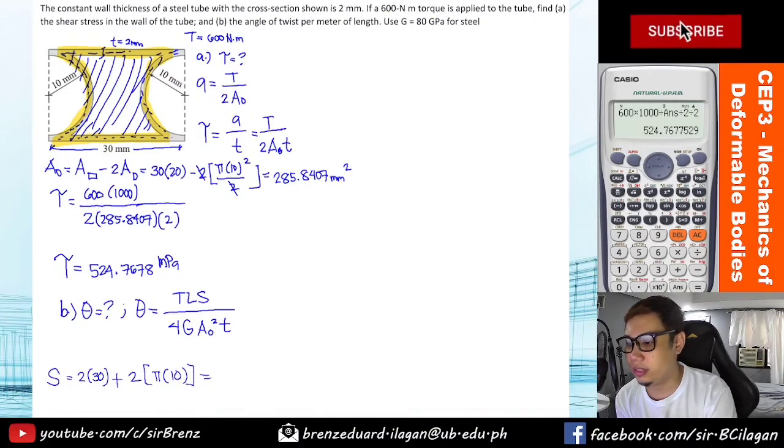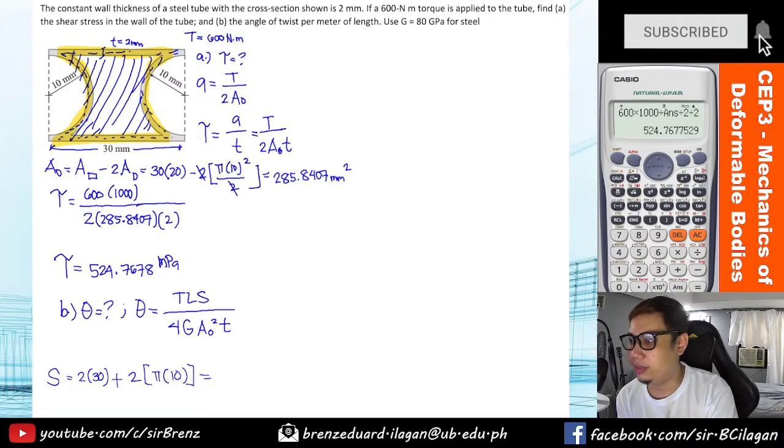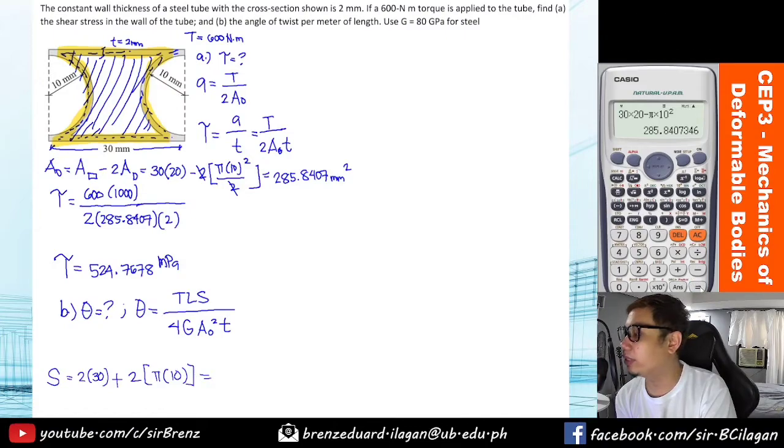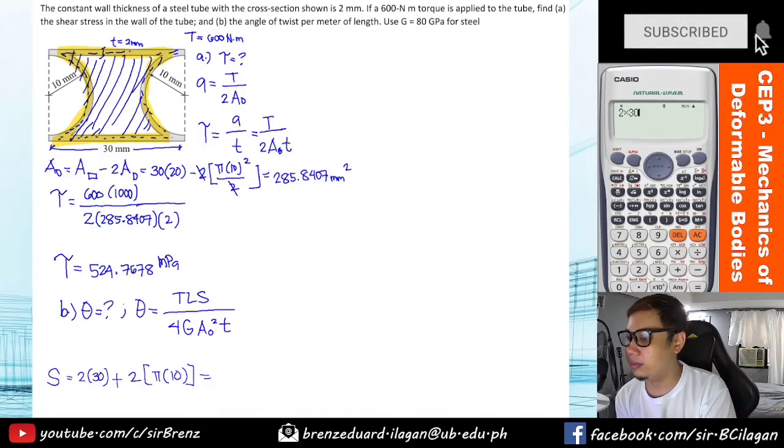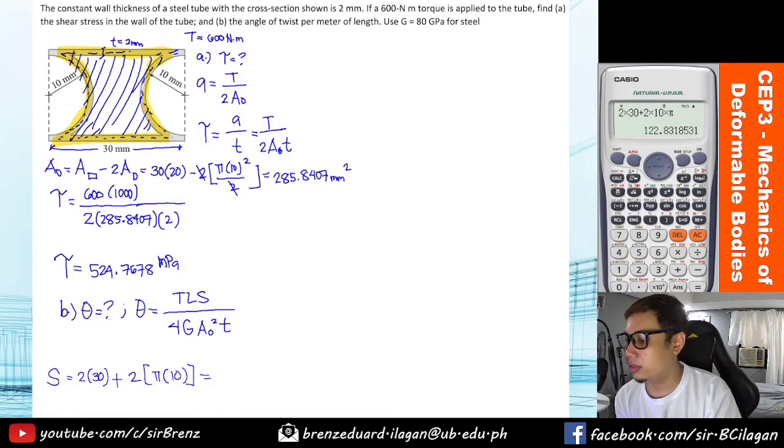Okay, so i-compute lang natin sa calculator. So yung unang sagot kanina is 285.8407. So, store ko to, guys, sa alpha. Okay? And then yung isa, 2 times 30 plus 2 times 10 times pi, so that is 122.8319.